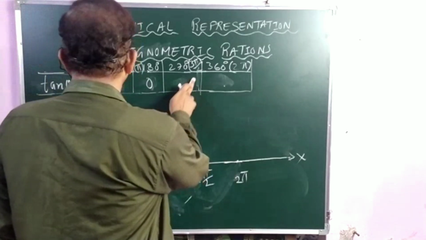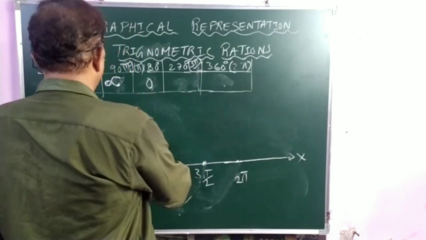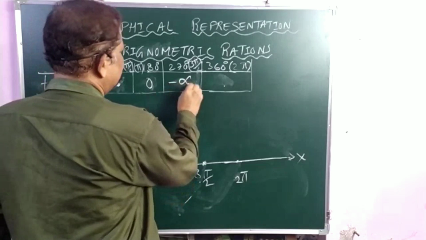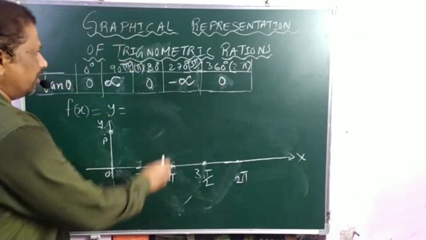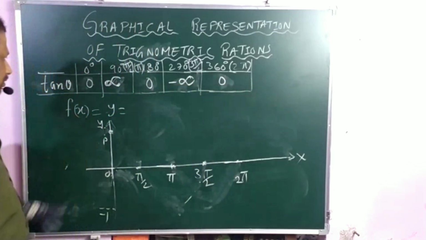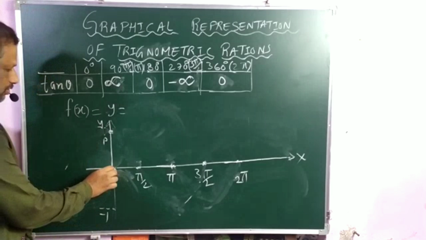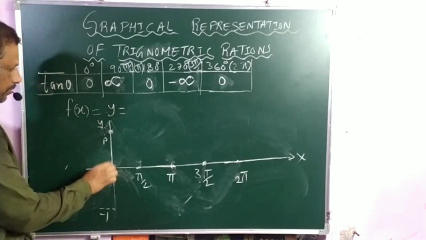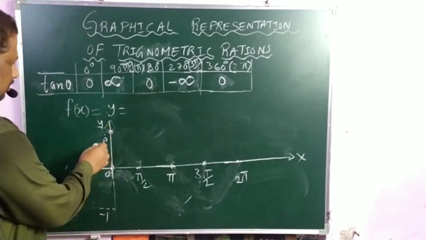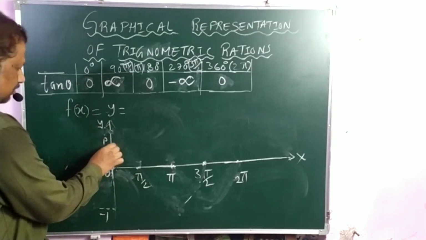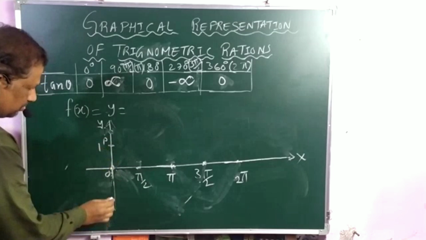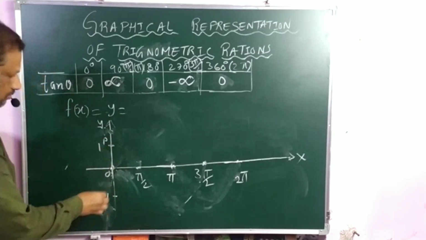Next, 270 degrees is minus infinity, and 360 degrees again 0. Now carefully observe, tan 0 is 0 here. Here we take 1, here we take minus 1.